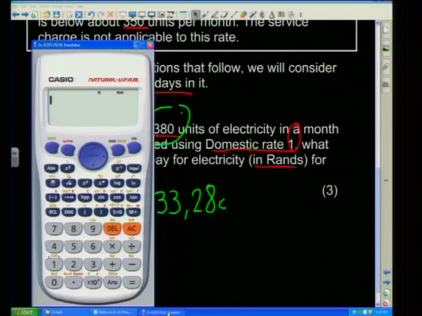Right, so I've got 380 times 33.28, and I get an answer of 12646.4. Okay, remember, this is cents. So I'm going to write that number out.